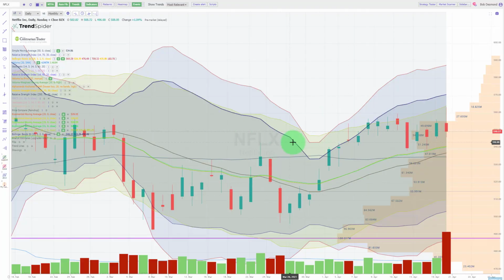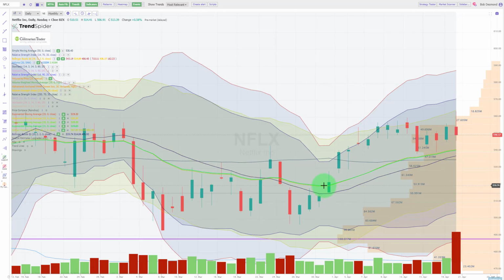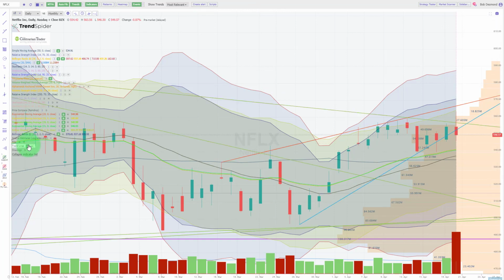Okay, so this chart is not reflective of the price action this morning, but to identify where we have support levels below, we're going to hit the automated trend lines. And the first support level that we're looking at here is at around, let's call it 510, 511. I doubt we're going to open above that mark.